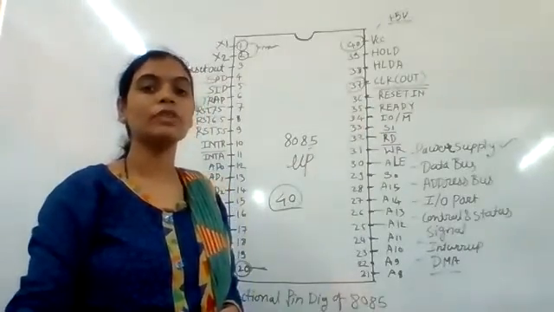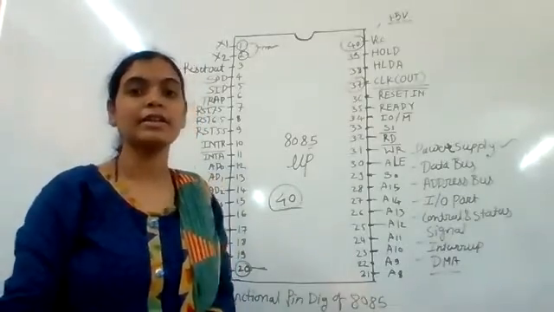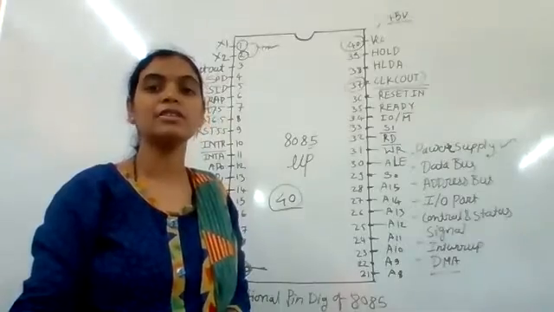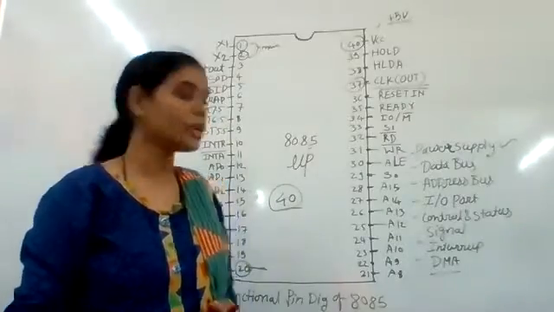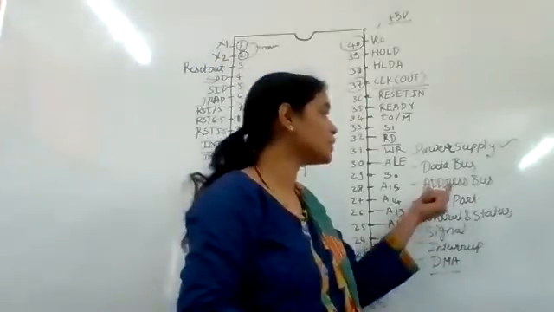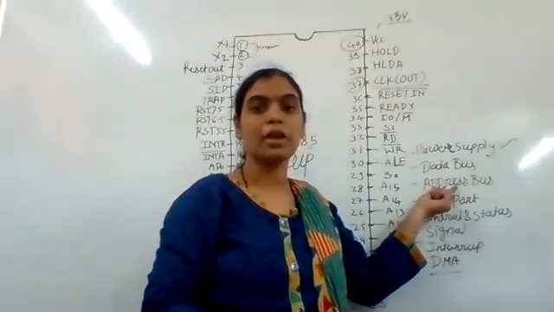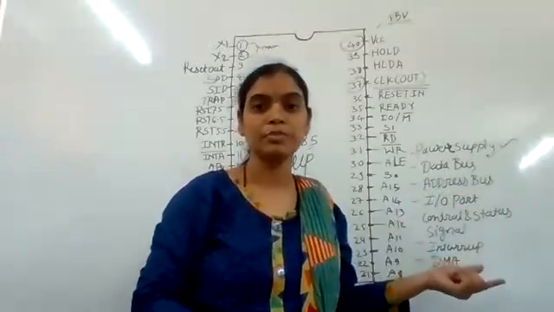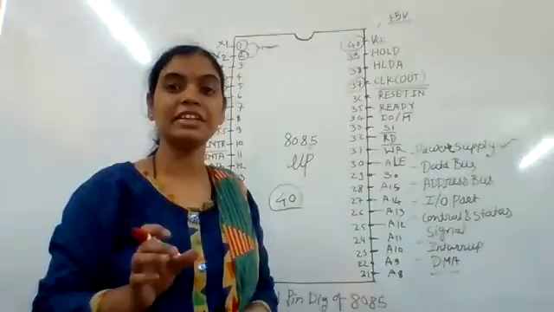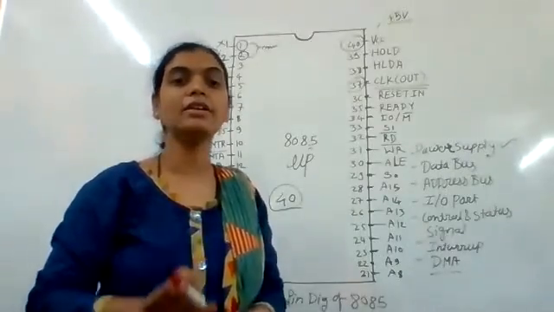Now after that we see the address bus. The address bus has 16 lines, that is, it carries 16 bits at a time.